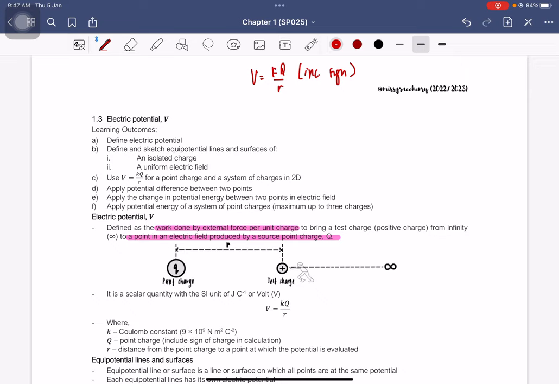Then we have work, which is equal to Q delta V. We also have delta U, which is equal to Q delta V, and then we have electric potential energy, which is K Q1 Q2 over R12. Again, all of these have to include the sign for electric potential. And we have one for 3-point charges too. That's a bit long for me to rewrite, but just make sure you know how to use all of these equations. All right, so that is electric potential and our third subtopic.